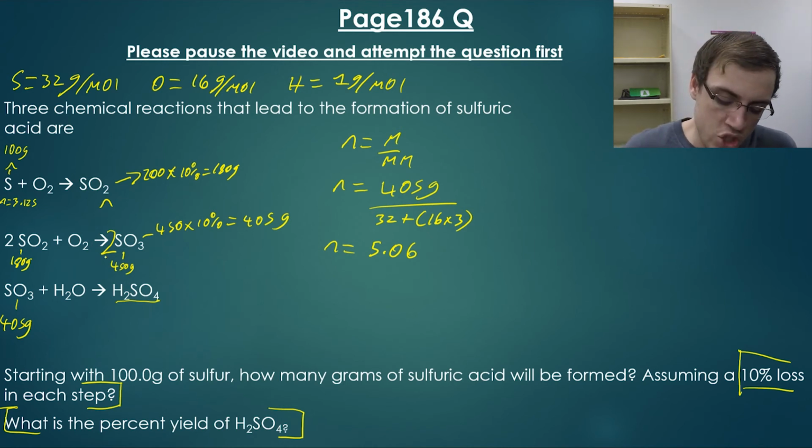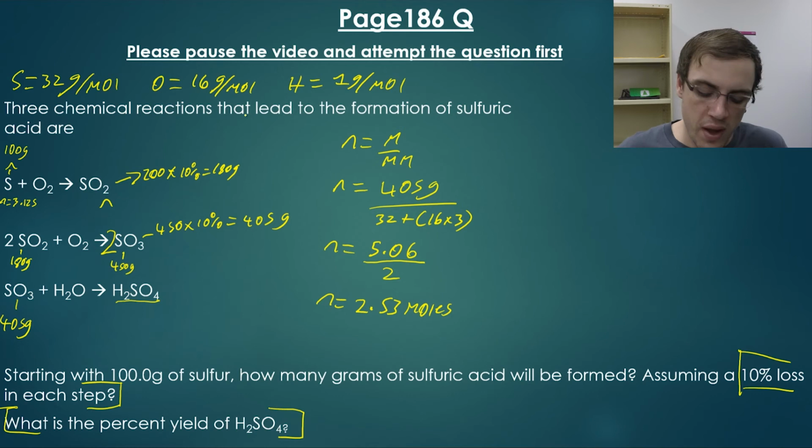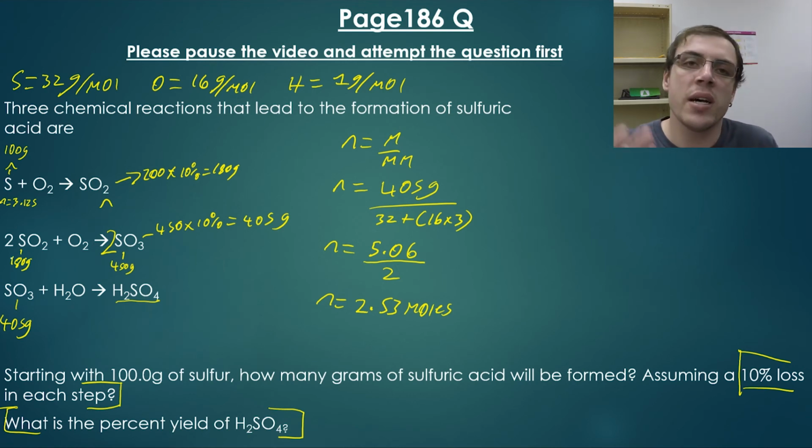So we can see that we have a 2 over here, but we only have a 1 over here. So that means we need to divide this by 2. And that gives us a total molar concentration of 2.53 moles. Because again, the total mass here, 405 grams, is 405 grams of 2 lots of SO3. So because over here we only have 1, this is why we must divide that molar concentration by 2.